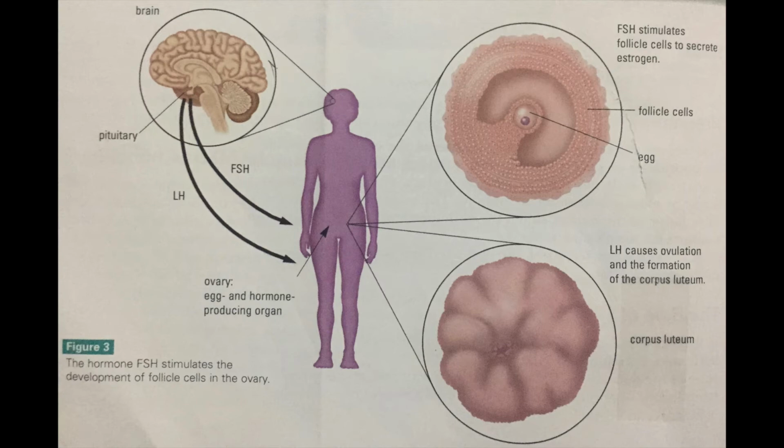FSH stimulates follicle cells to secrete estrogen. LH causes ovulation and the formation of the corpus luteum.